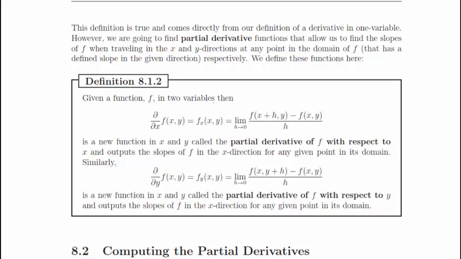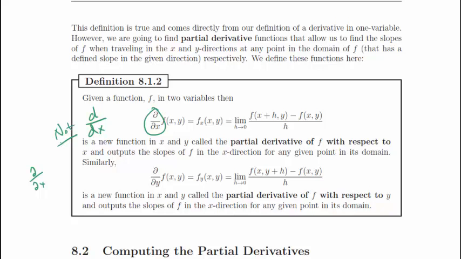Given a function f in two variables, we take this partial derivative right here, this partial derivative with respect to x of f of x comma y. So this is not our normal d over dx. It's now a delta over delta x. So this symbol here, this delta over delta x, this is now a partial derivative. It's indicating that we are keeping any other variables considered to be a constant while we take this derivative.